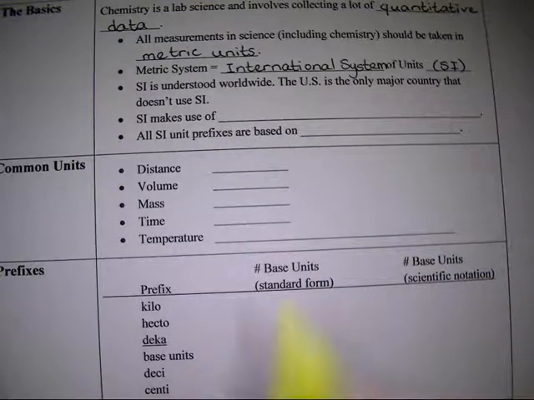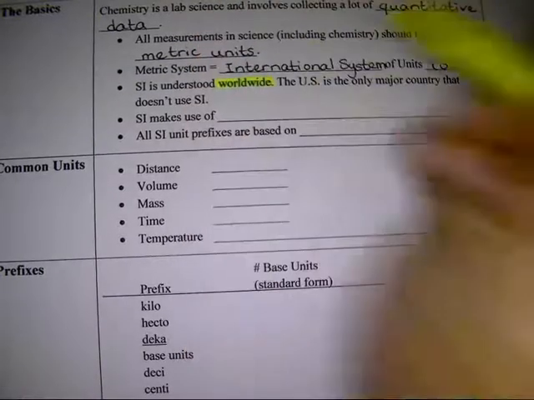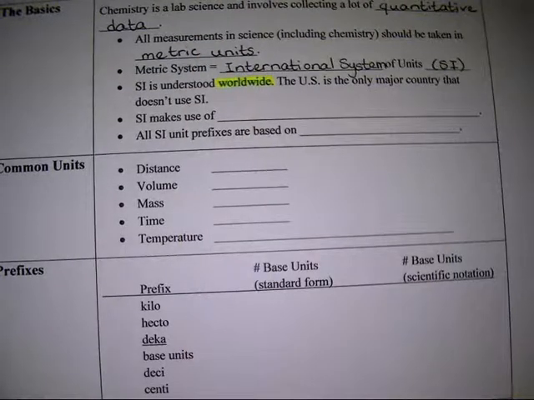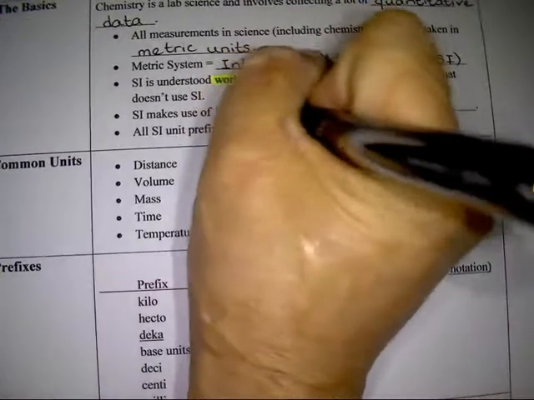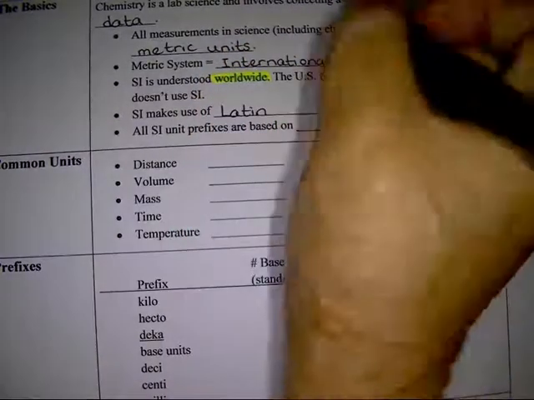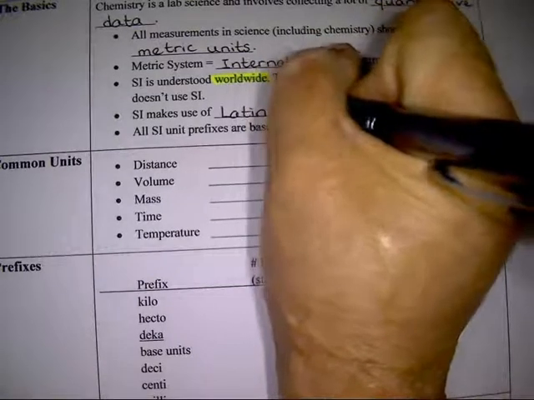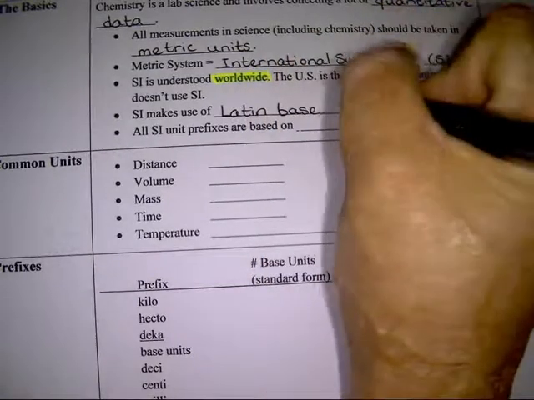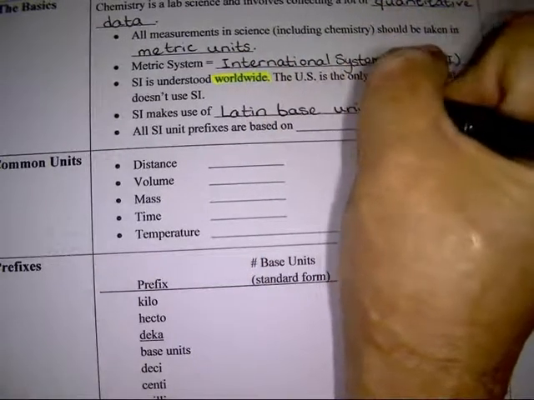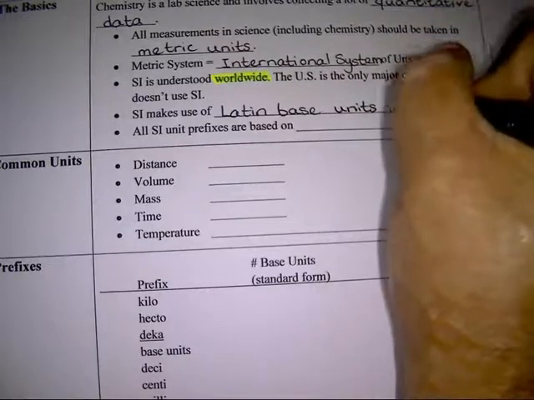Okay, the metric system is used throughout the entire world, and we are the only major country that doesn't really use metric units. Now, SI makes use of Latin. And if we know anything about Latin, it is that it was the language of educated people of Europe for a very long time.